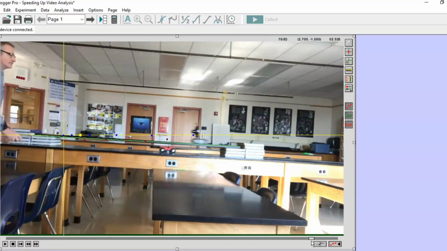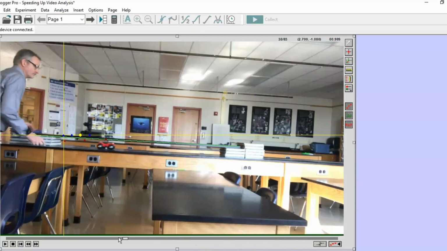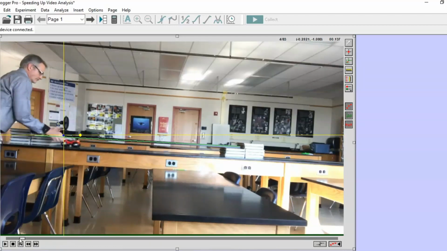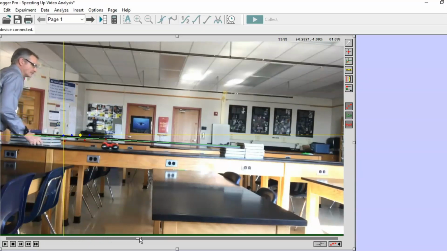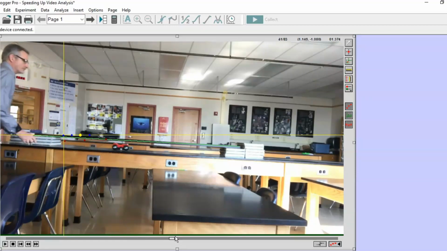So if we go back to the beginning, and I'll just walk this through step by step, notice that the dune buggy is starting to go at a fast velocity compared to the fan cart. But as time goes on, the dune buggy maintains its constant velocity, and now the fan cart's going faster and faster, and it overtakes the dune buggy.